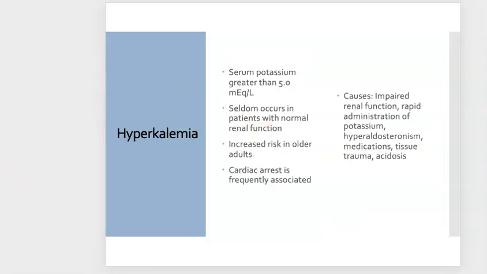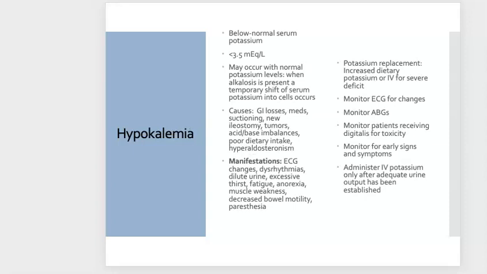Okay. Oops, went too far. Hypokalemia. So this is potassium levels below normal serum potassium levels, less than 3.5. Remember, each lab has their own normal range. So for testing purposes, you are going to use the ranges in your textbook. So hypokalemia may occur with normal potassium levels.